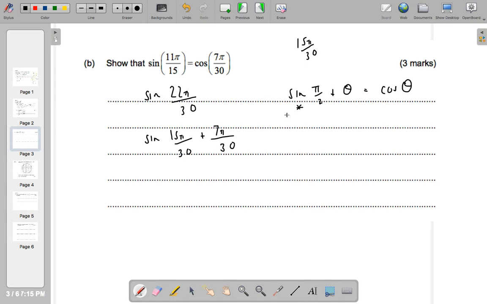So there's my rule here. That's going to be the equivalent of, because that's my theta, 7 pi on 30, cosine 7 pi on 30. So by applying the complementary angle relationships, you can develop that rule from there.